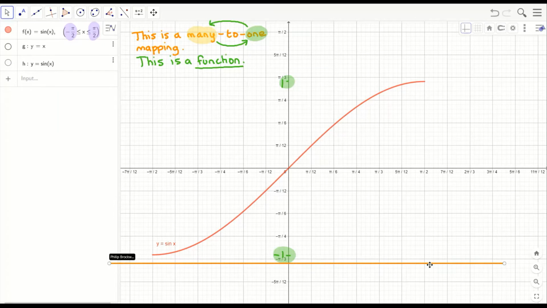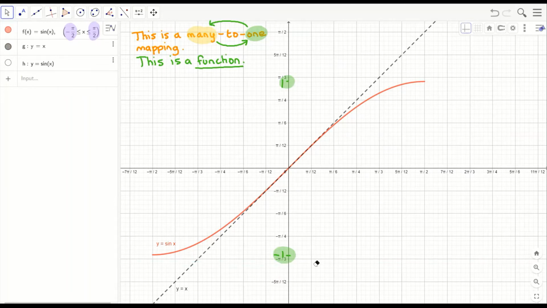Now, if you remember from the work we did on inverse functions, if I plot the line y equals x, which I've just done there, and we can remove that horizontal line now. The inverse function is a reflection of your curve in that line. Okay, so we can actually sketch this inverse really, really accurately using this diagram. So let's have a go.